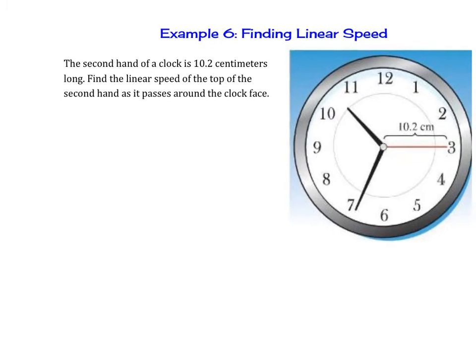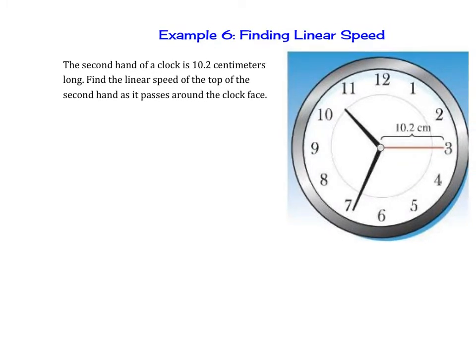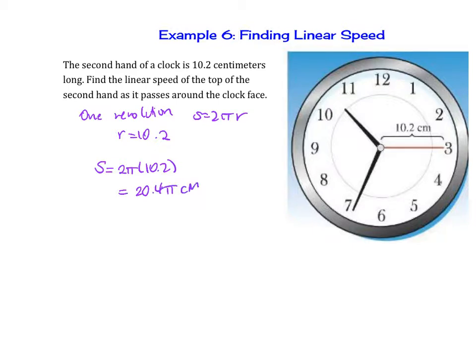The second hand of a clock is 10.2 centimeters long. Find the linear speed of the top of the second hand as it passes around the clock face. So we know that one revolution is 2 pi times r. R is 10.2, so s equals 2 pi times 10.2, which is 20.4 pi centimeters.